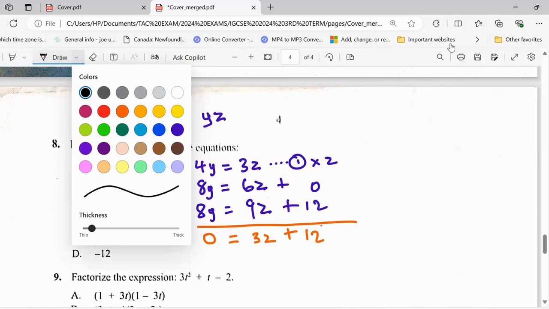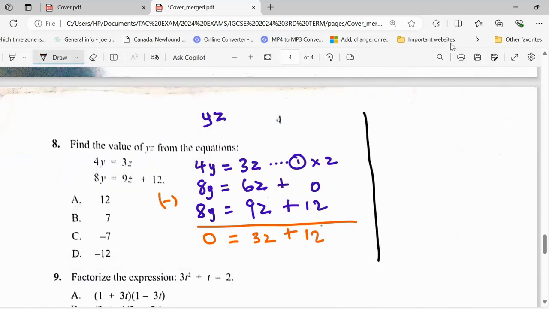Now with that, we say 3z plus 12 equals 0. That means 3z equals minus 12, and we can get z to be minus 12 over 3, which is minus 4.